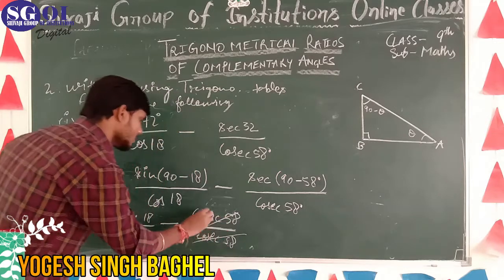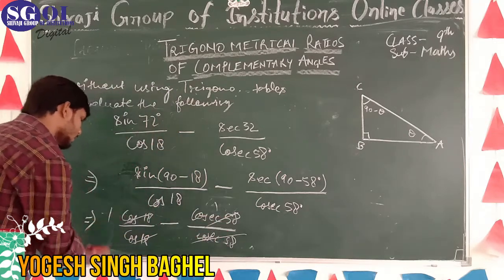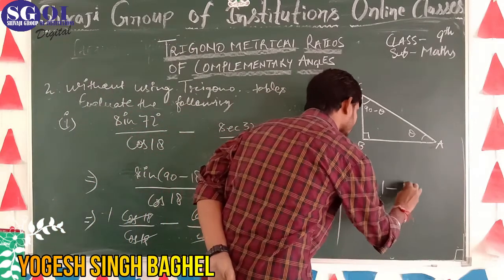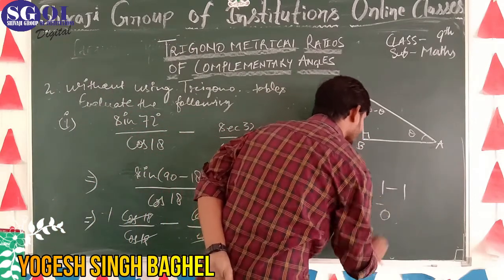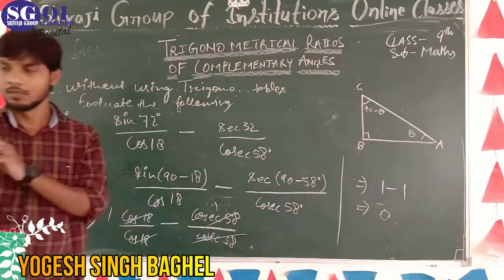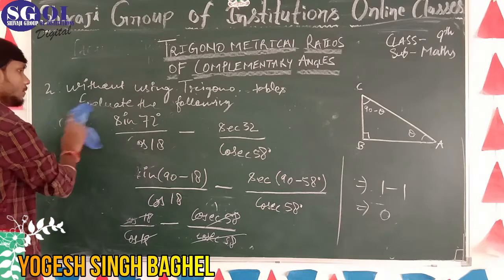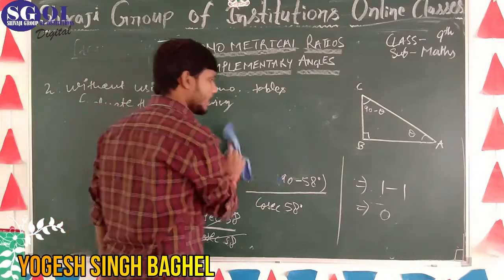It is also divided, so it comes 1 minus 1, the answer is 0. Clear, friends? So this is the method of solving question number 1 and 2.